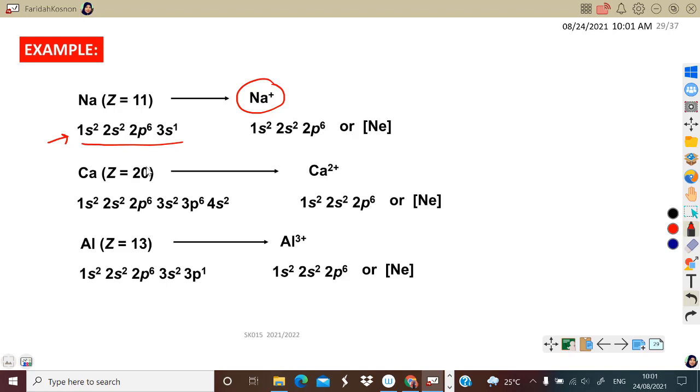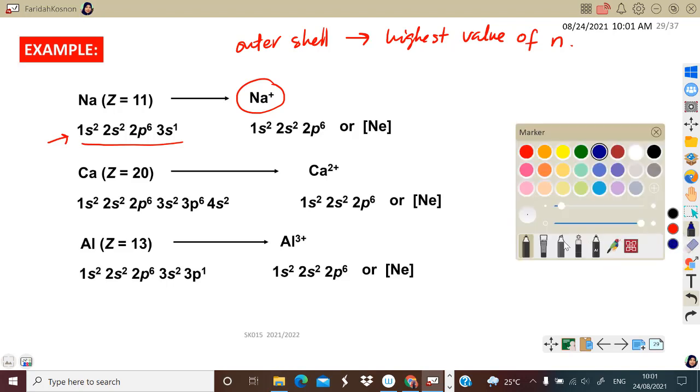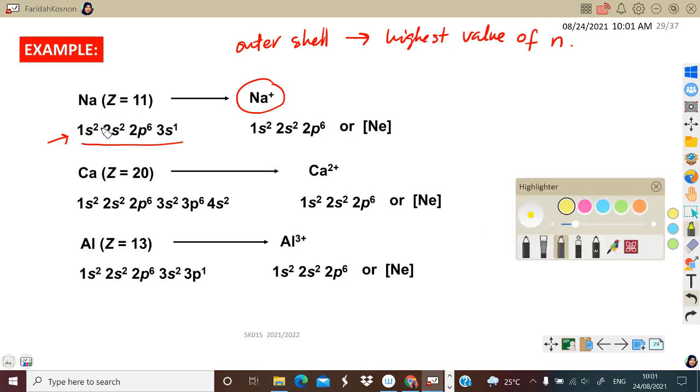Jadinya sekarang, when sodium atom forms sodium ion, one electron is removed from the outer shell. Bila saya sebut outer shell, rujuk kepada highest value of n.